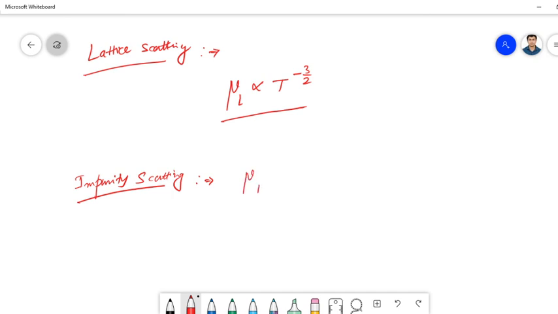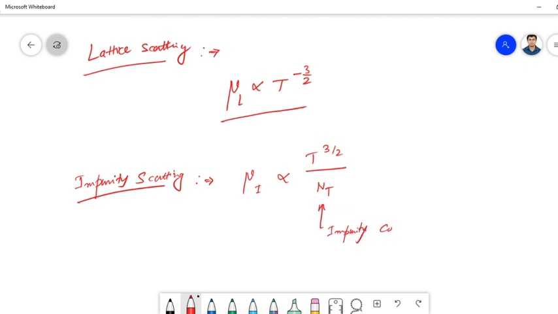So theoretically, the mobility because of impurity scattering is proportional to T to the power 3 by 2 over Nt. What is Nt? Nt is your impurity concentration.